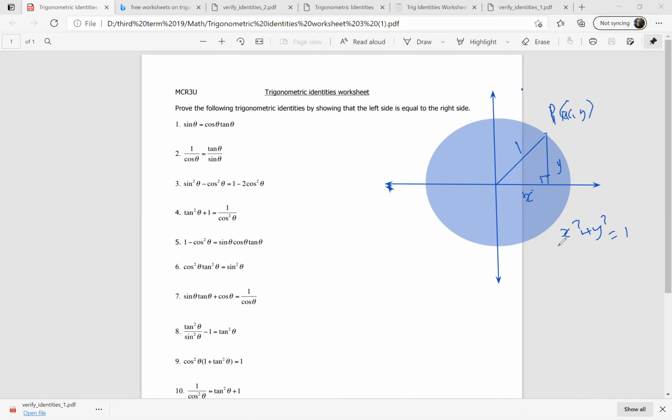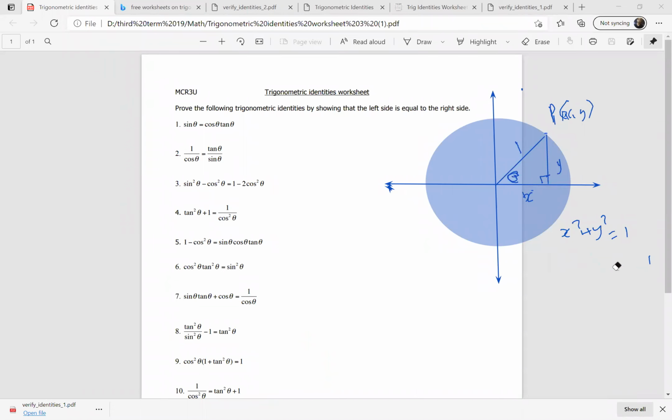X is cosine, and y is sine, then cosine power of 2 x plus sine power of 2 x equals 1, because if this angle is theta, so the sine theta is opposite over hypotenuse, and cosine theta is adjacent over hypotenuse.